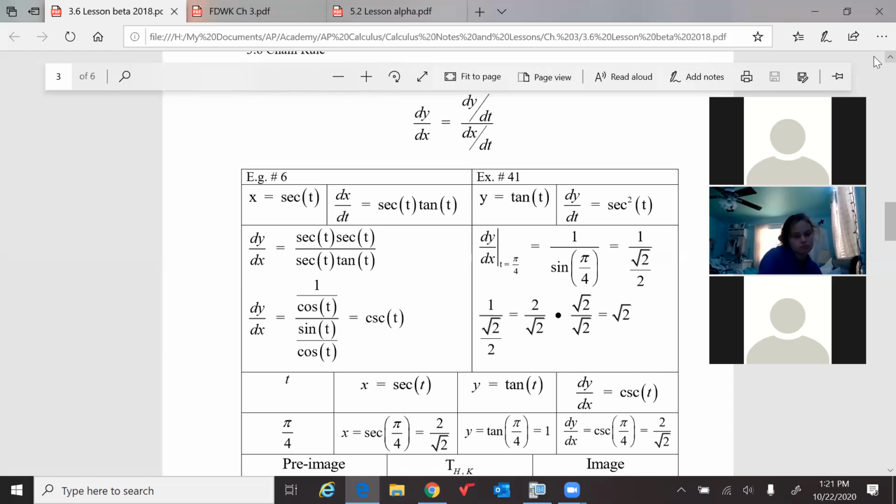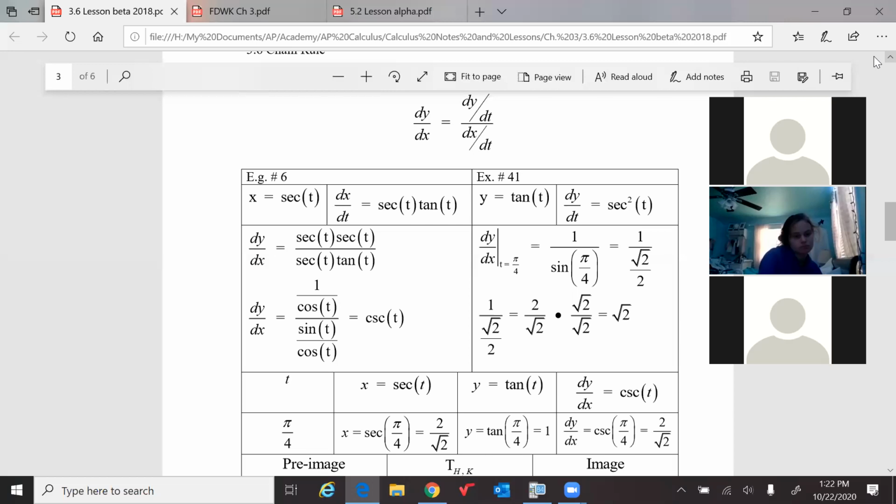Because if I multiply this by its reciprocal, cosine t over sine t, everything in this box is equal to 1 because it's something divided by itself. When you multiply across, the denominator becomes 1. So the shortcut is invert and multiply.